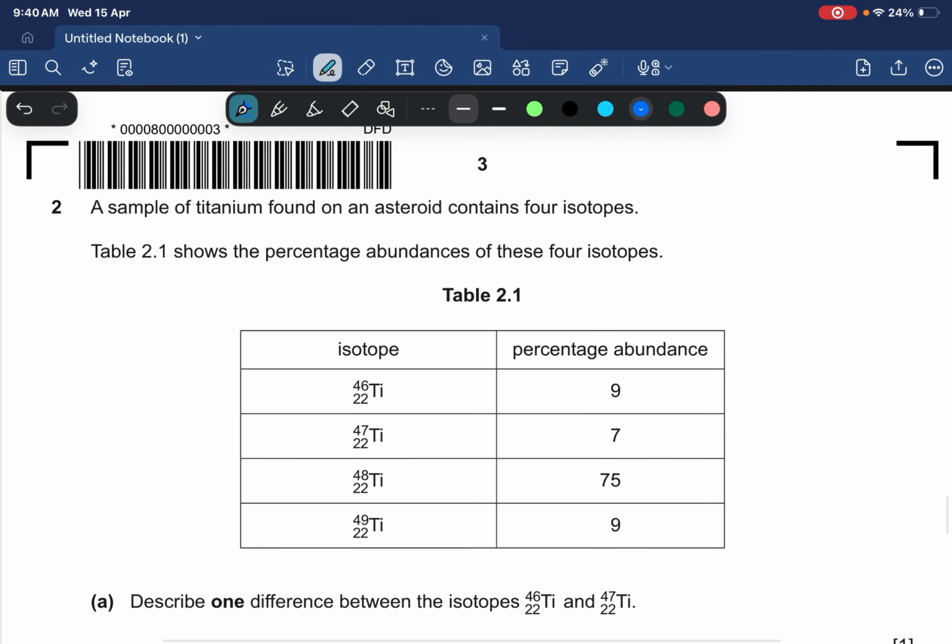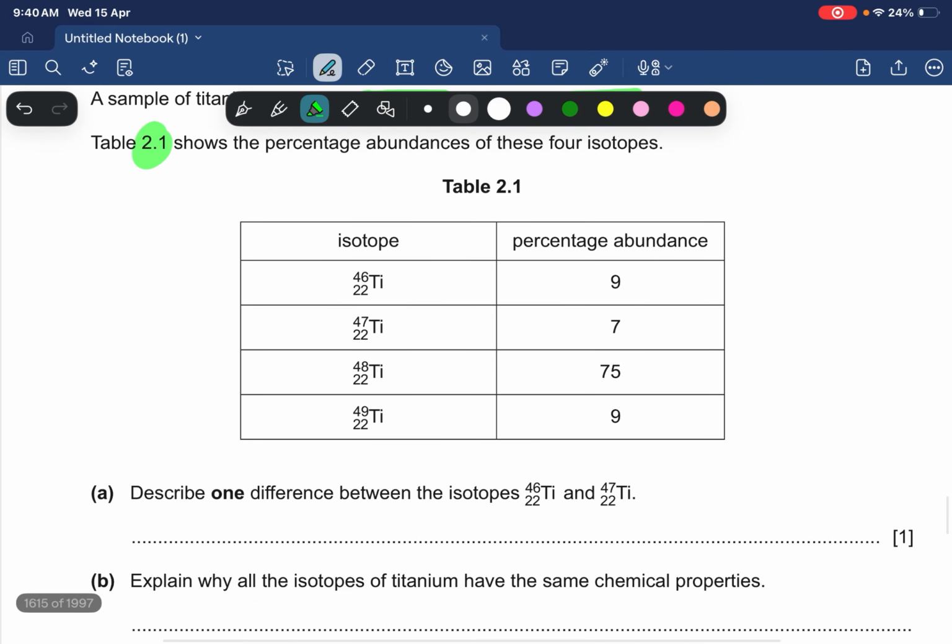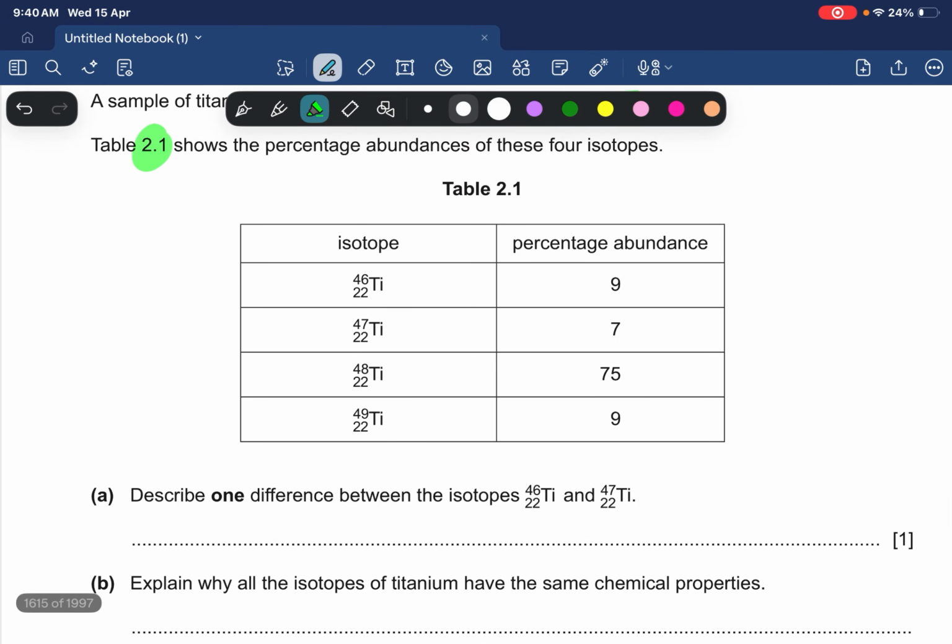Okay. A sample of titanium found on an asteroid. What are asteroids? Asteroids are basically rocky things that orbit the sun. Contain 4 isotopes. Table 2.1 shows the percentage abundances of these 4 isotopes. Now look, you're given the percentage abundance.